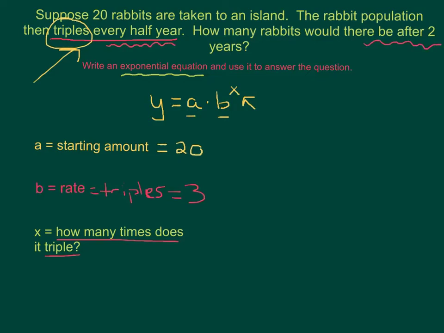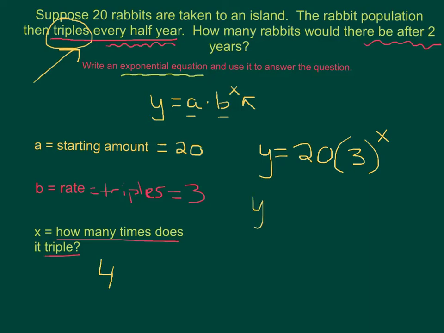So let's first write the equation y equals 20 times 3 to the power of x, and now we have to figure out what number to plug in for x. So we want to think, let's see, it triples every half year, and they're there for 2 years. How many times does it triple? It will triple 4 times, because in 2 years there are 4 halves.